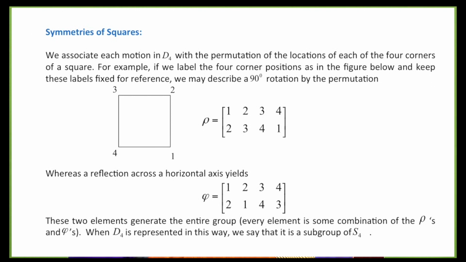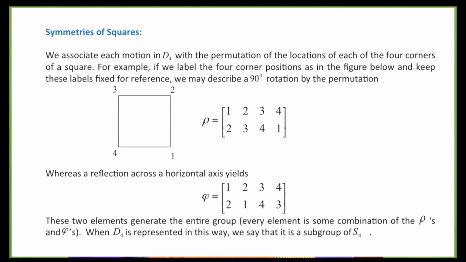Now we shall see the symmetries of squares. We associate each motion in D of 4 with the permutation of the locations of each of the 4 corners of a square.